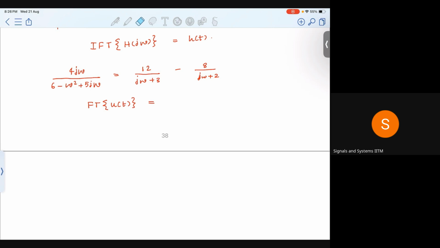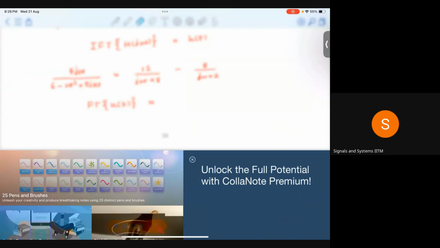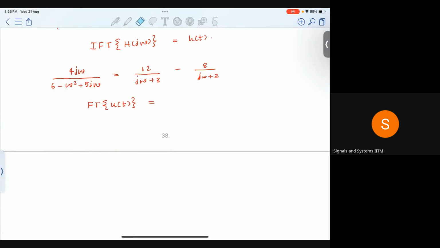Step function is a discontinuous function, so it's not very straightforward to find its Fourier transform, but you can express it in terms of the impulse and then find the Fourier transform.